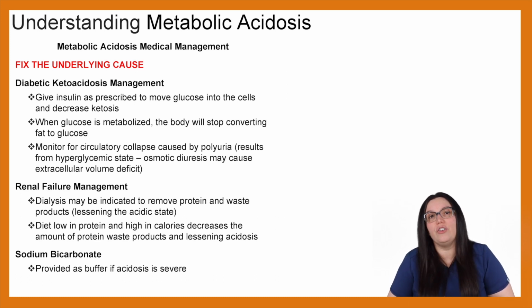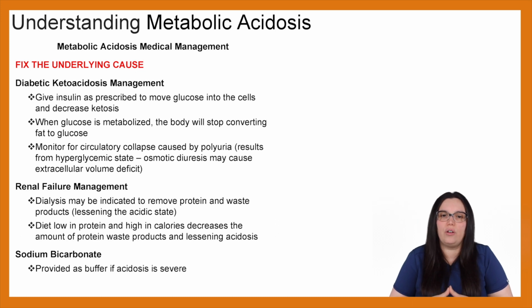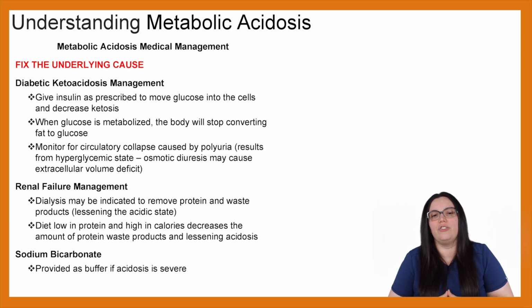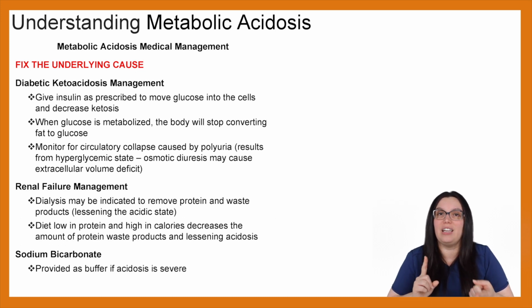But if it increases urination too much, it can result in osmotic diuresis, causing extracellular volume deficits because of that hyperglycemic state. So we really have to monitor these patients very closely that they're not becoming dry and that we're fixing the blood glucose issue that's leading to that diabetic ketoacidosis.